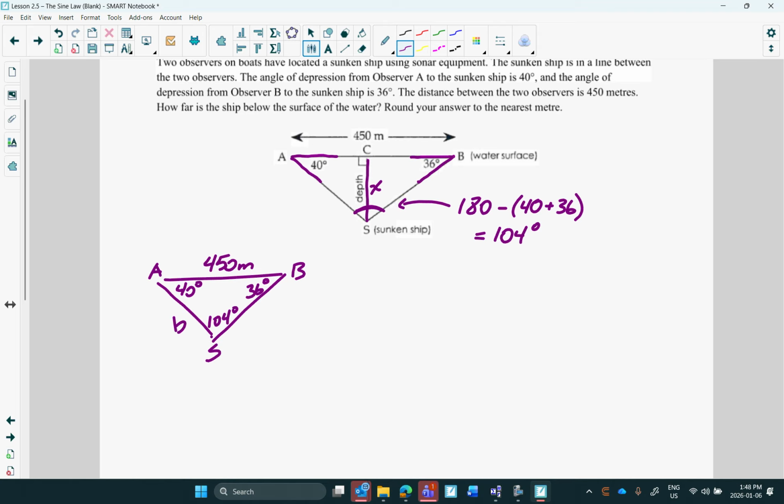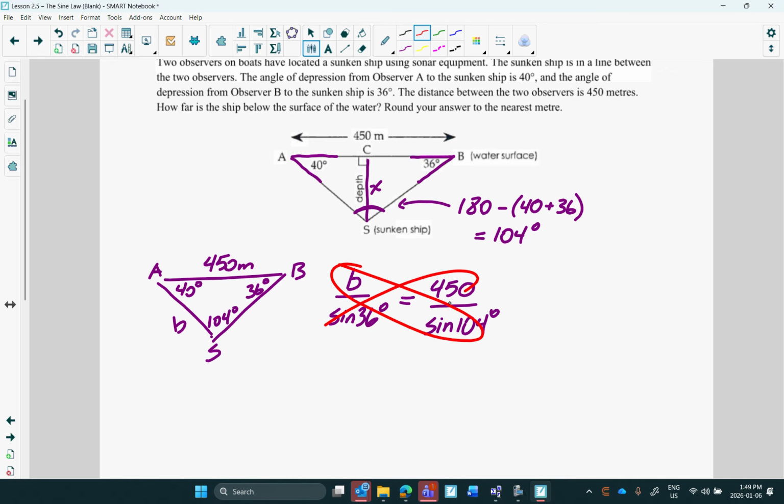So let's find B. Let's set up sine law. The missing side B over the sine of its angle opposite, which is 36 degrees, will equal what? 450 over sine of 104. Excellent. Multiply to get rid of the fractions.